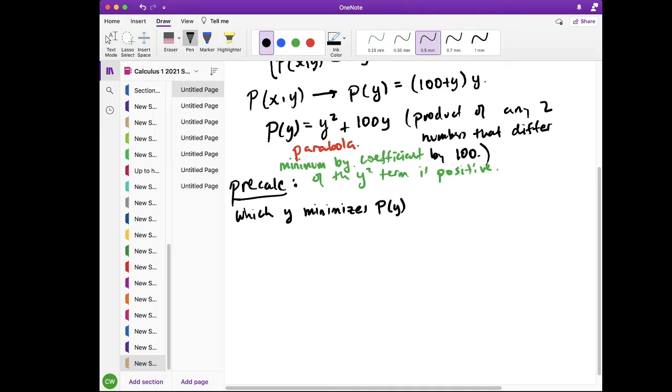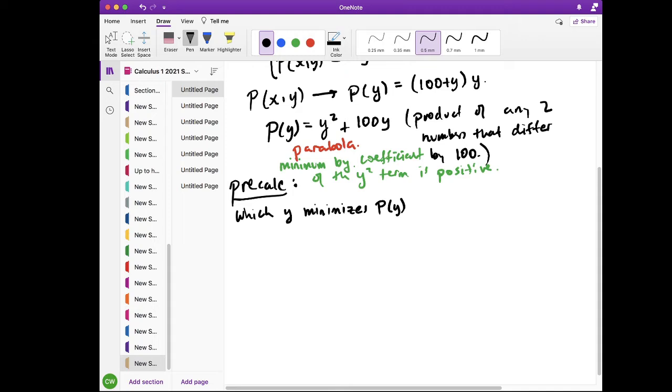Okay, can someone tell me the pre-calculus formula for determining this minimum value? What is the name of the point where it's minimal?